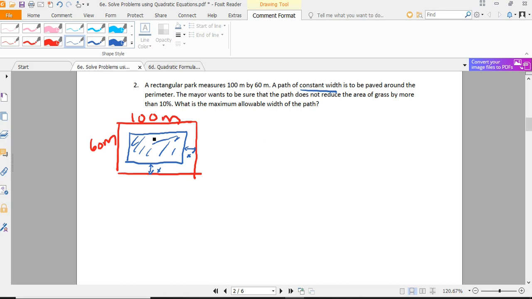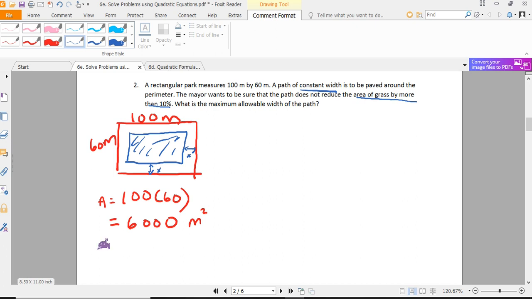Okay, so what does that mean? Well, the original area, let me just use red. The original area is 100 times 60, right? Which will give me 6,000 meters squared. Now, the path does not reduce the area of the grass by more than 10%.